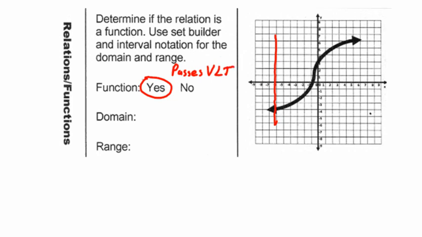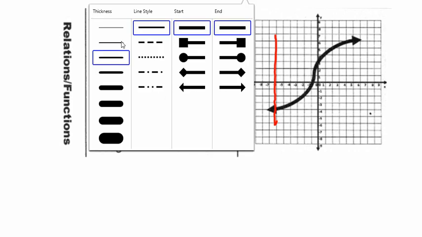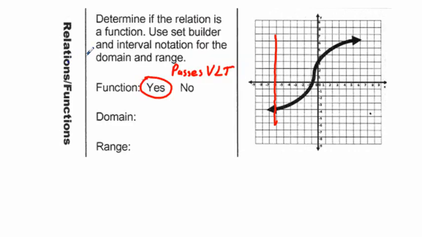Okay, and what is the domain? Well, the domain is going to be, and we want it in set builder and interval notation. So set builder is like this: x such that x is greater than negative infinity, but less than infinity. Let me leave a little more room here.